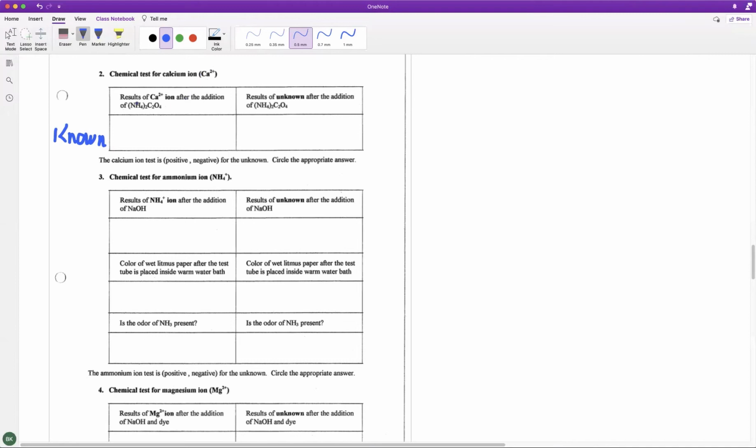And we're going to do a test. And this particular test uses this compound, which is ammonium oxalate. So when I mix ammonium oxalate with anything that has a calcium 2+ ion, I'm going to get a specific reaction. So you're going to write those results. What do you see? So what you observe.